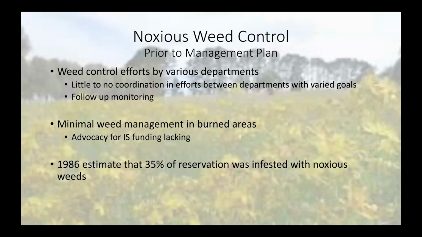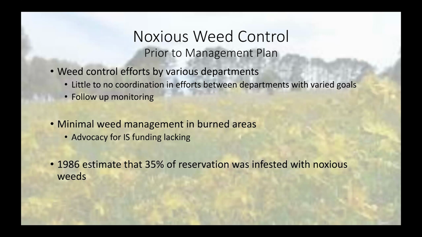And very little success monitoring was happening. Additionally, in burned areas, there was little to no weed management funding coming through the burned area emergency response funds. And we didn't really have anyone or any document kind of advocating for the need to fund these invasive species projects.